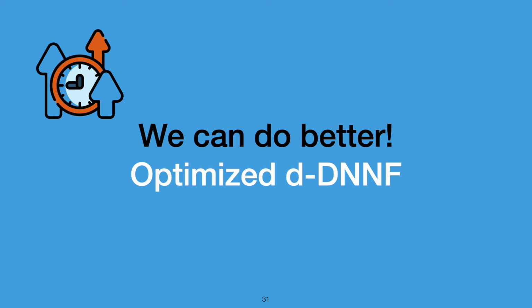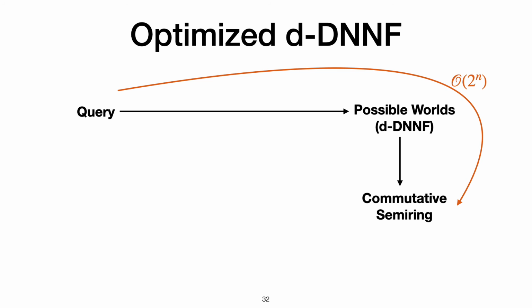So we have now introduced one way of interpreting queries via a deterministic, decomposable negation normal form, namely the possible world semantics. But this approach is not very time efficient, and we believe we can do better. And indeed, interpreting a query via the possible worlds has an exponential time complexity.